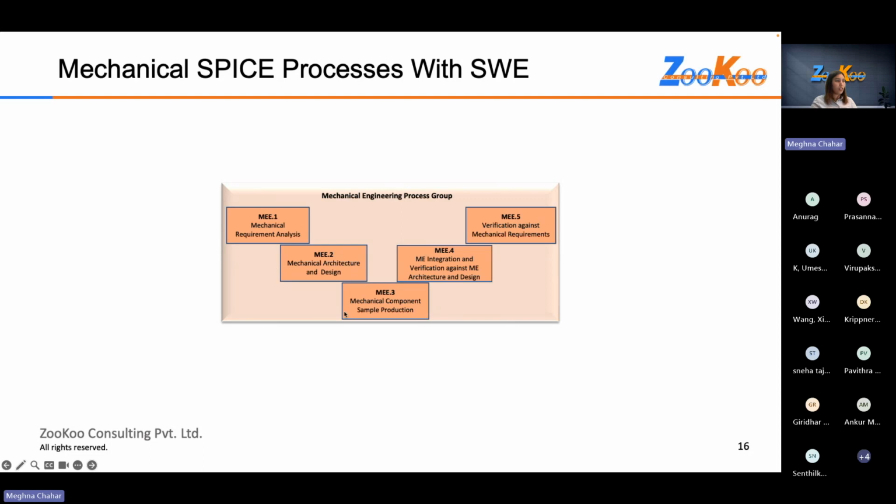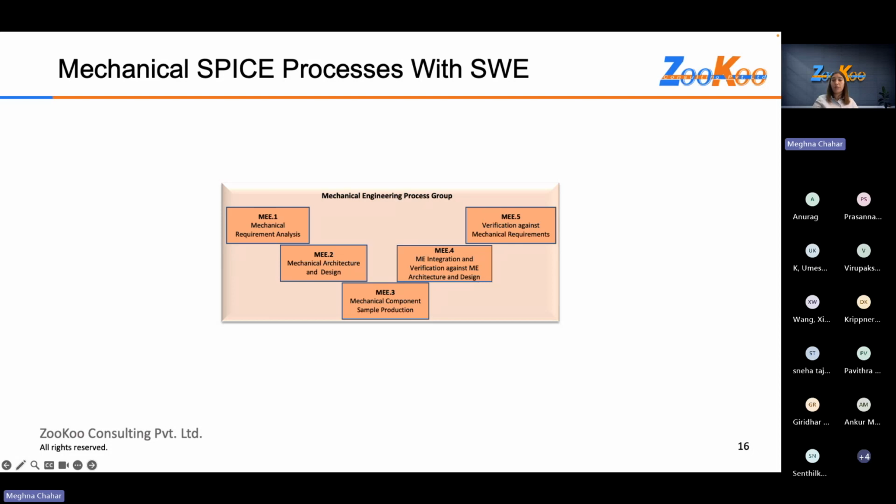So here I have shown you the mechanical engineering processes, all 5 processes. I'll try to map them with your software processes because I do think that software development according to Automotive Spice has been there for a long time, and there is a very nice, clear way that we know, which starts from requirements, architecture, design, construction at the bottom, and then on the right side, all the verification or test processes.